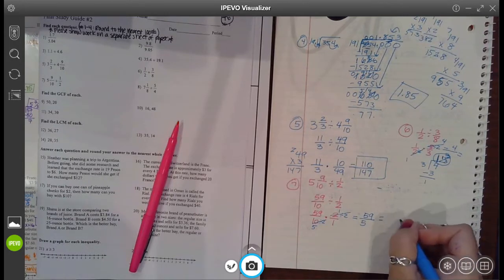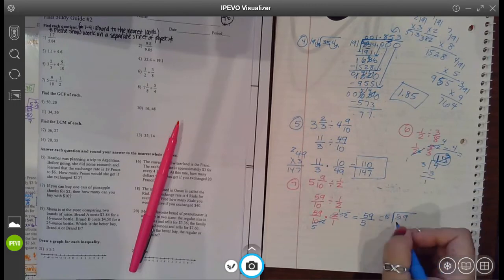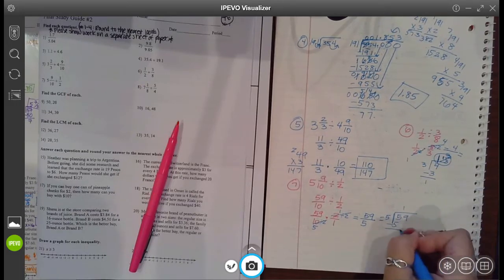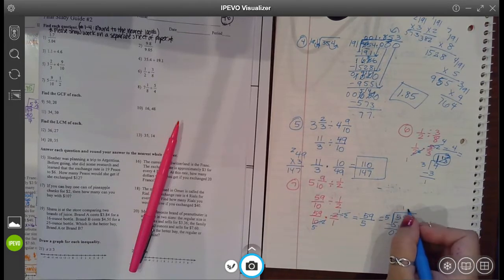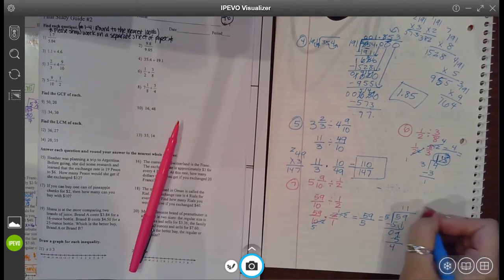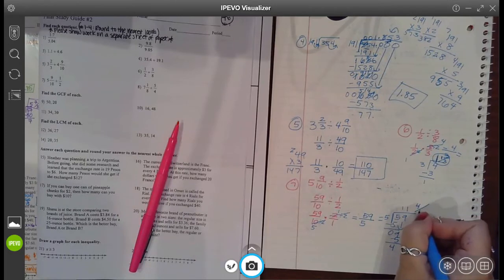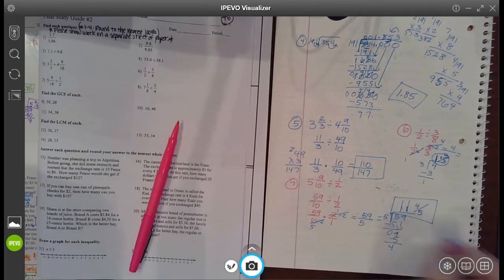That's improper, so I need to change it by taking the top divided by the bottom. 5 goes into 5 once, the remainder of 0. Bring down the 9. 5 goes into 9 once. Subtract, you get 4. So you put your remainder over what you divided by. So 59 over 5 is the same thing as 11 4/5.